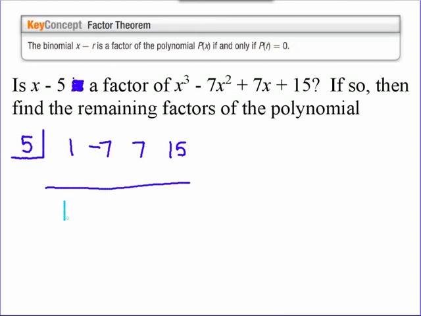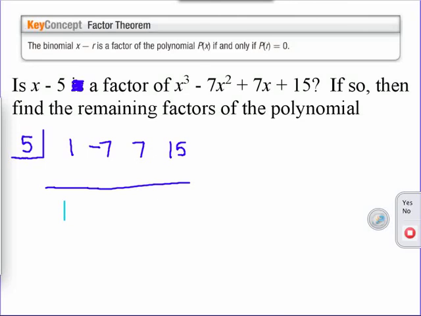So I want you to go ahead and determine, and I'm going to give you a chance to use your expressions. I want you to tell me yes or no. Is this a factor? Is 5 a factor?